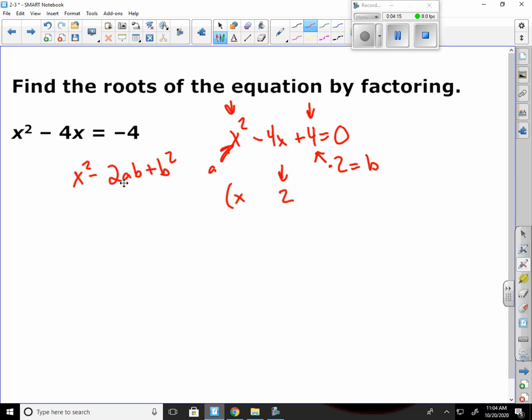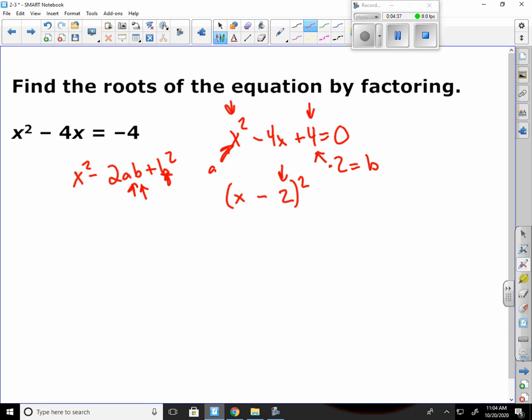So now I'm just putting that in. 2 squared was 4. This is just x. This is 2. Negative 2 times 2 gives me negative 4. And then it's just x. So this works out.